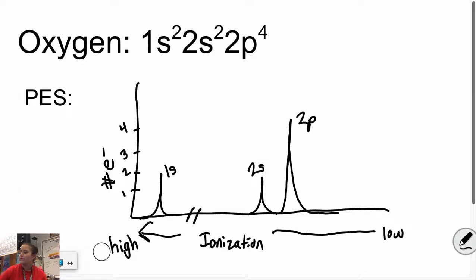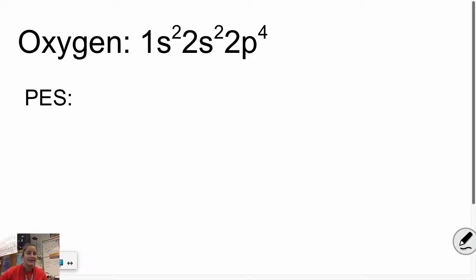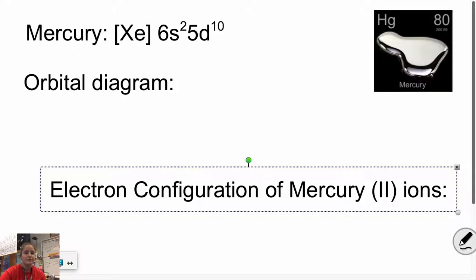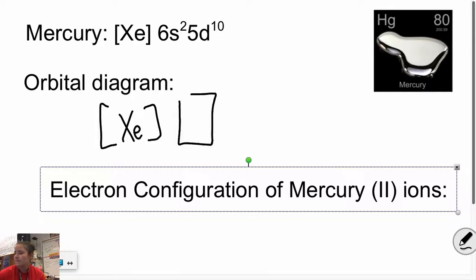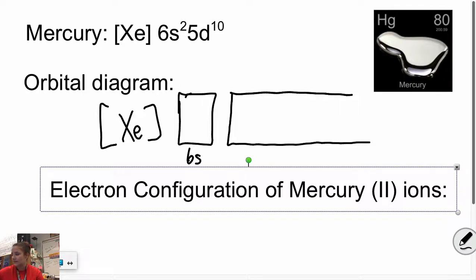Okay. Let's look at those other electron configurations we wrote down. We wrote down the one for mercury. Okay. Mercury looks like xenon with the 6s2 and the 5d10. Its orbital diagram, we can do a condensed one with the Xe, that 6s orbital, and then d orbitals have 5 suborbitals in them, okay?